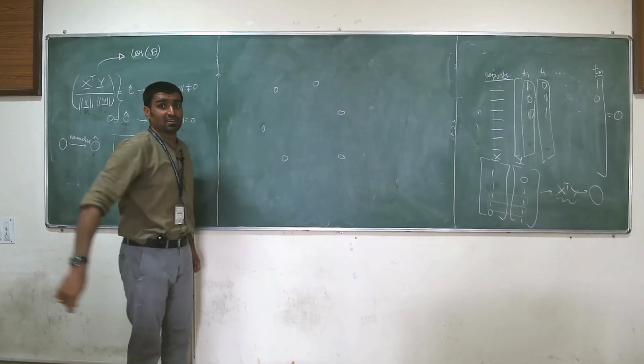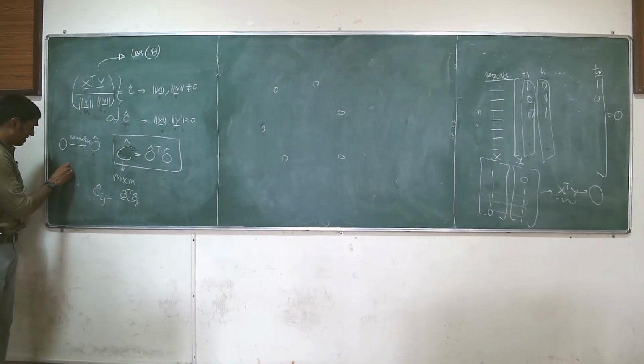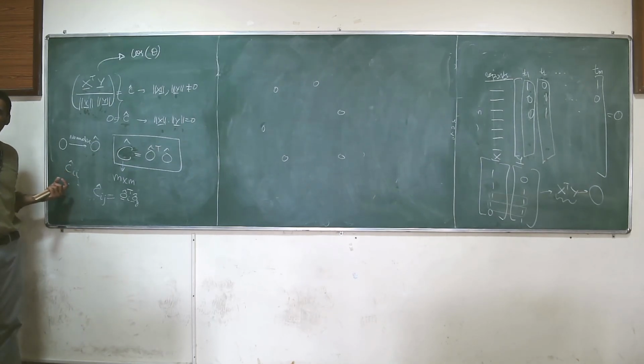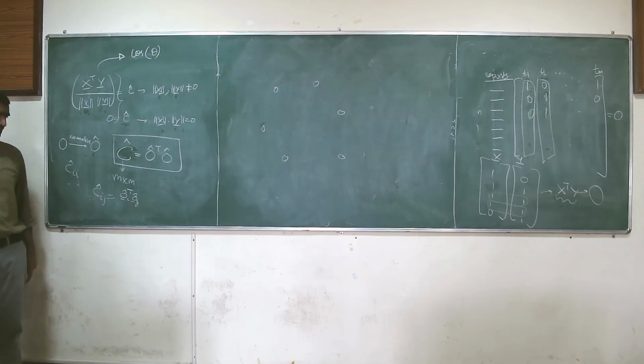I've taken 5 tokens. Cii is not interesting. Cii will always be 1 because token i always occurs with itself, so that does not matter. We'll only bother about Cij, where i and j are not equal.